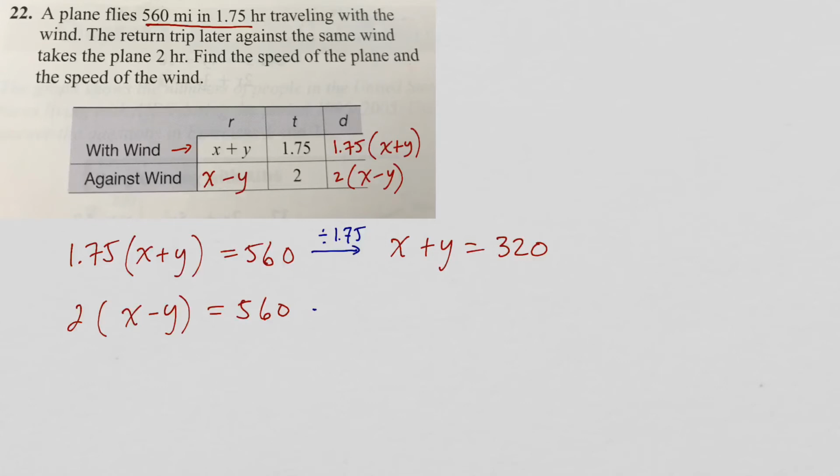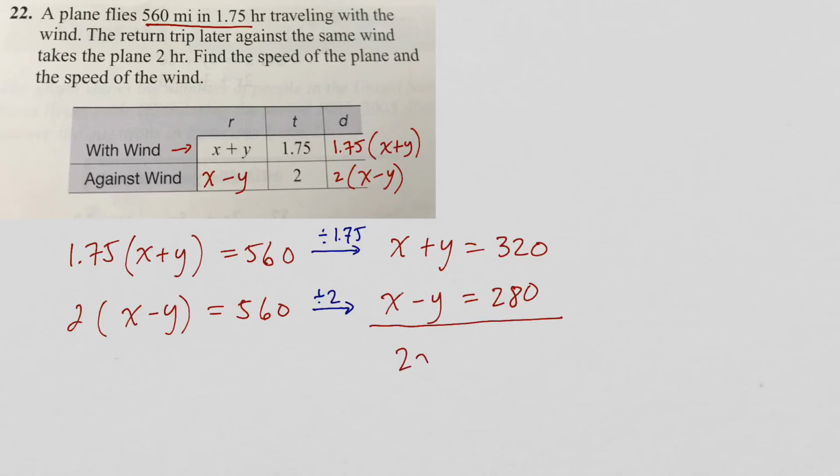This equation I'm going to divide by 2 to get rid of that 2, and I end up with x minus y is equal to 560 divided by 2, which is 280.